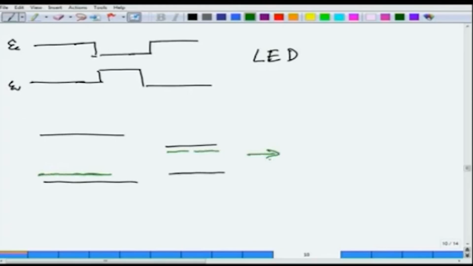The band diagram you are going to get has a common energy, far away, something like this, and we are going to join them right here, and this is the conduction band. If I take this material, then it is far away, it remains as is. Now if we join this, what is going to happen? I am just going to draw it for you and you should be able to practice it.